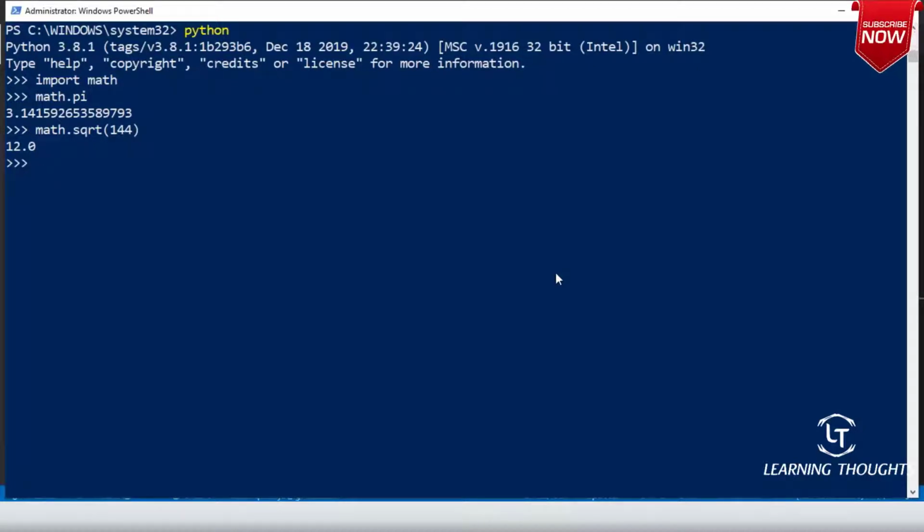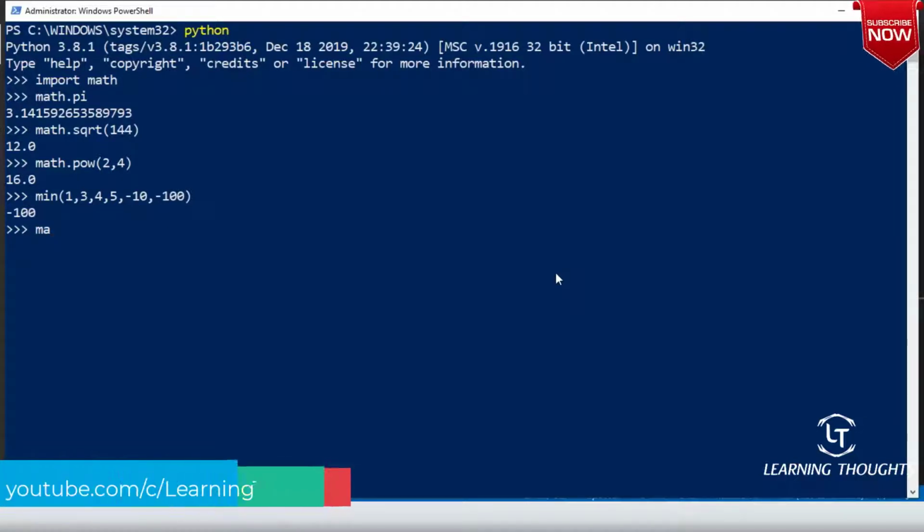Am I clear on this? Similarly, math.pow of 2 comma 4 gives 16. Are you clear on this? I can do min of 1, 3, 4, 5, 0, minus 10, minus 100. What is the minimum value of it? Minus 100.